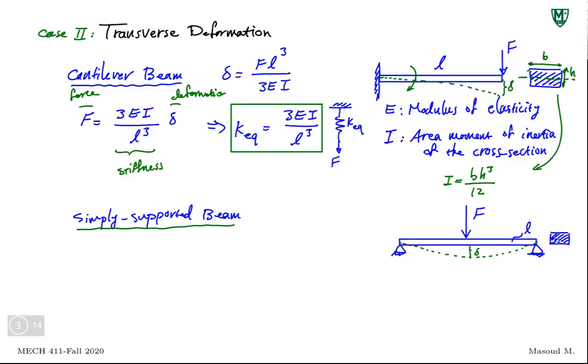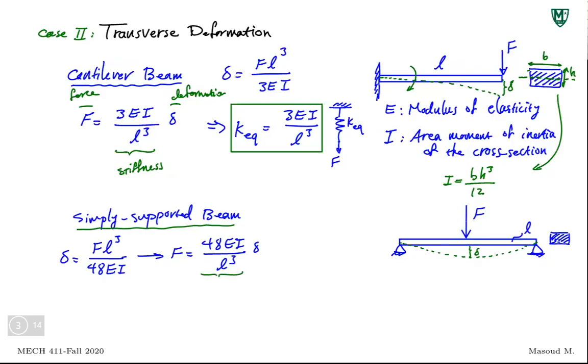In this case, I'll just put some rectangle there. Now delta, I start from what I did before. I start from delta and then I move things around. So delta would be F L^3 over 48 EI. I can move things around, the same story: F equals 48 EI over L^3 times delta.